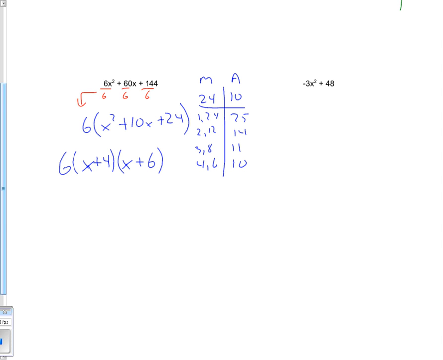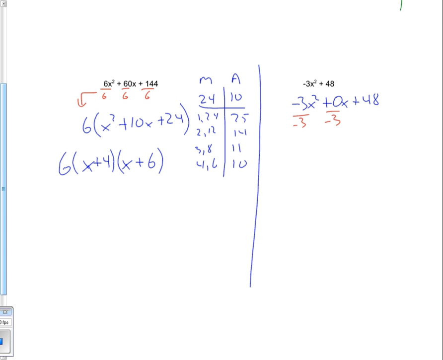And then the last example, somewhat similar. Again, we don't have all three things. We're missing actually the b value. So let's write this out as a trinomial. We have negative 3x squared plus 0x plus 48. Okay. Now, because our a value is not positive 1, we have to divide out everything by the a value.